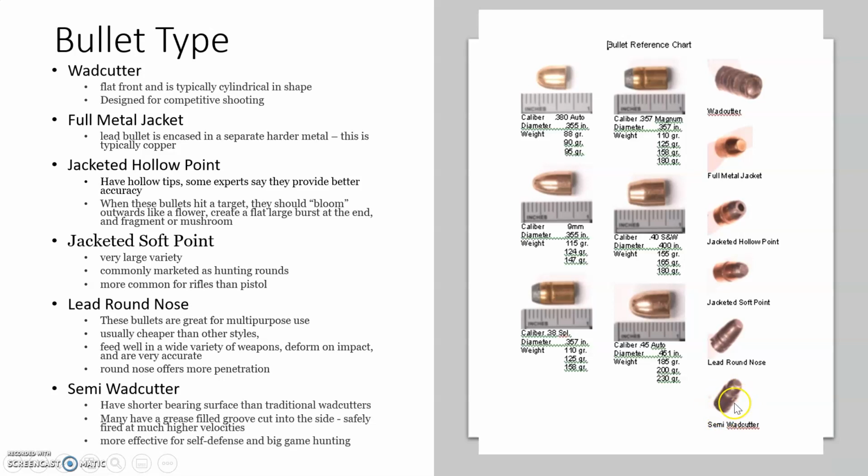The semi-wadcutter tends to have a distinct rounded point. The good thing about the semi-wadcutter is many of them have grease-filled grooves on the side, so they are safer to fire at higher velocities, and they seem to be more effective for self-defense and big game hunting.